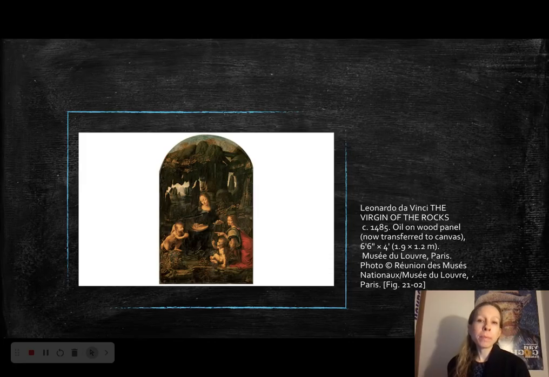So it's about harmony, balance, and idealism. Key traits would be a pyramid composition, linear perspective, and sfumato, which I'll discuss when we look at the Virgin of the Rocks. And the goal was to represent the world as a perfected vision of reality based on mathematical order.